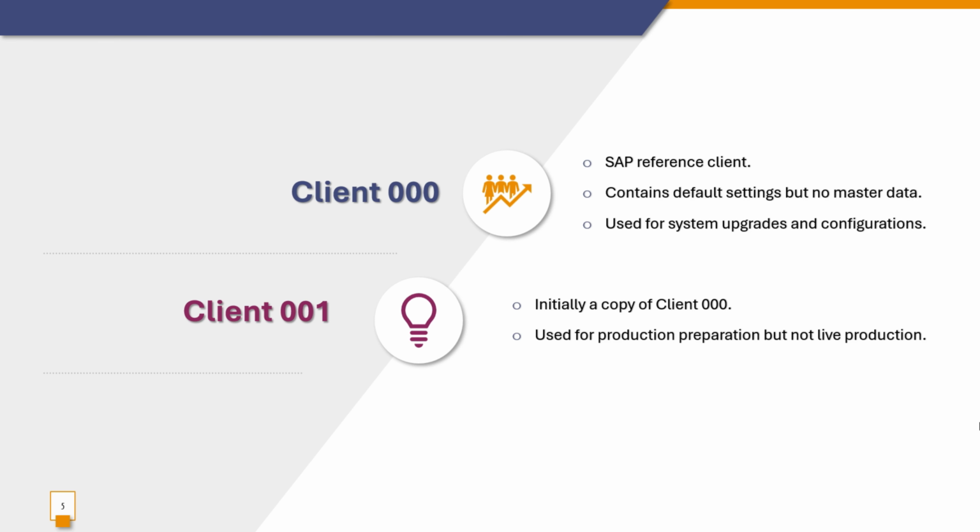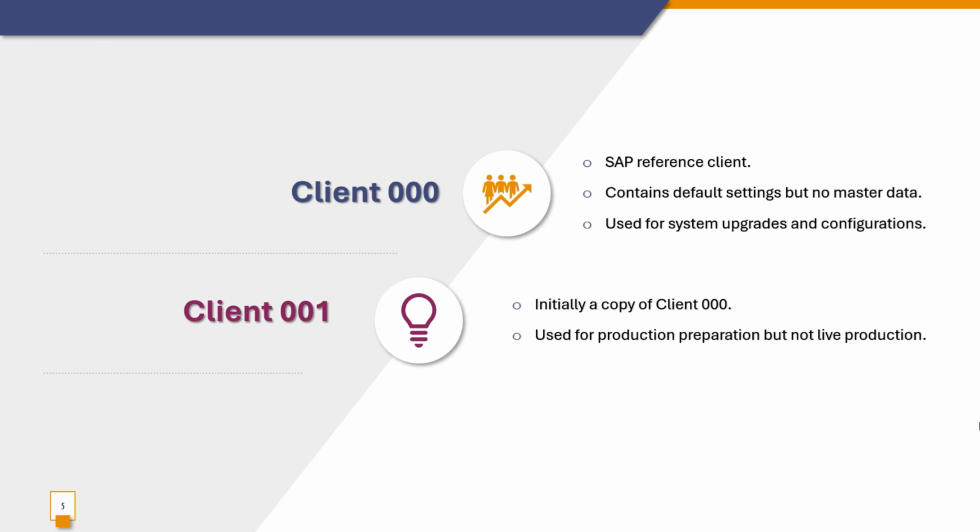Client 200 is the testing area where safety and performance evaluations are conducted. Client 300 is the production line where the final car models are built and sold to the customers. Each client serves a specific purpose and has its own data. This ensures that any changes made during development or testing don't accidentally affect the live operations.